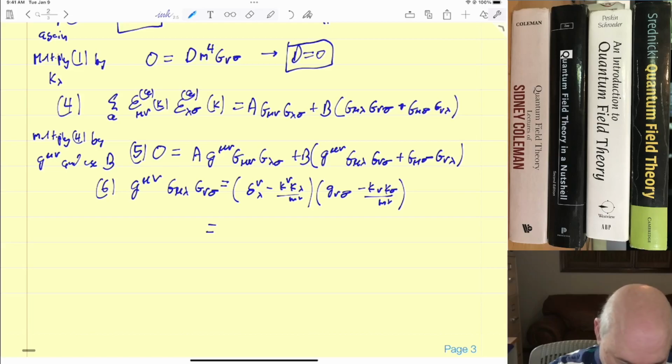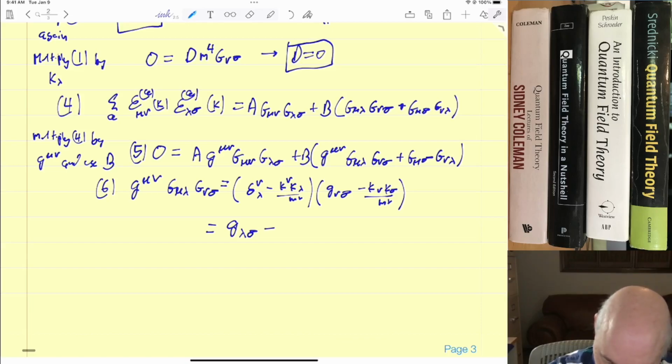Okay. Now this is equal to the first multiplication. We just substitute lambda for nu. And if you haven't had a general relativity course, this exercise gives you good practice in index manipulation.